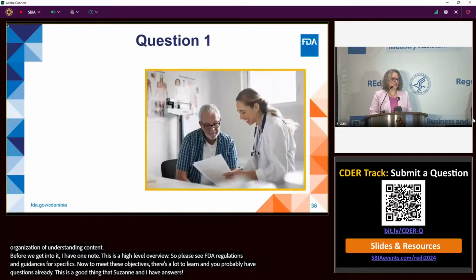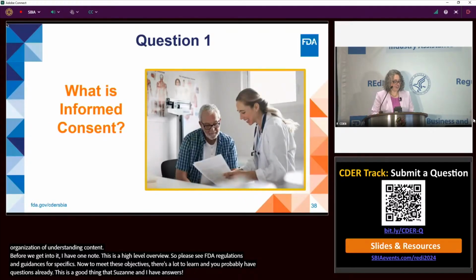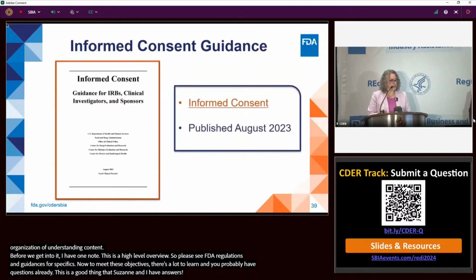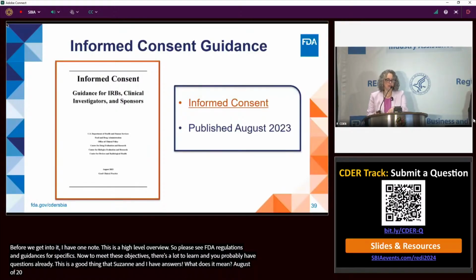All right, so the first question we sometimes get, what is informed consent? It's something that sponsor, investigator, and IRBs are all responsible for, but what's it mean? So in August 2023, FDA published a guidance on informed consent that goes over all the specifics in detail.